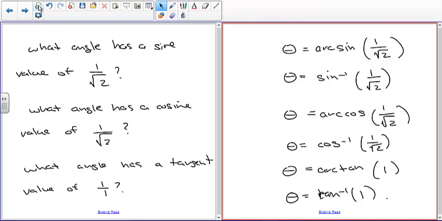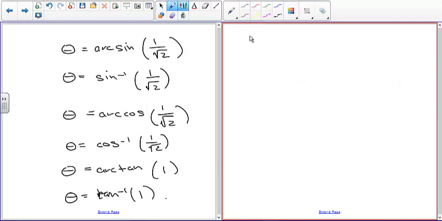The sine and arc sine are inverse functions.